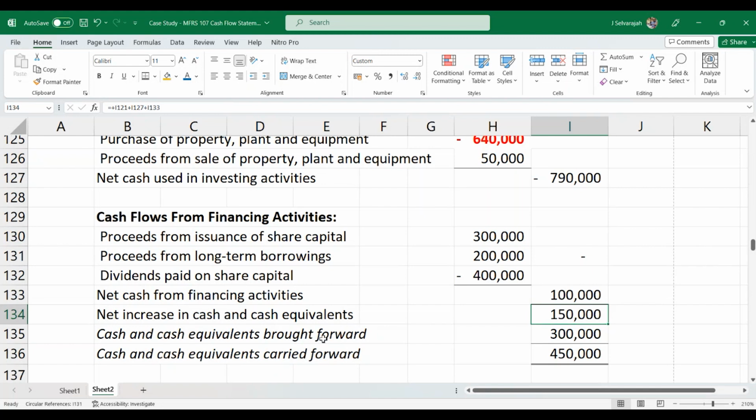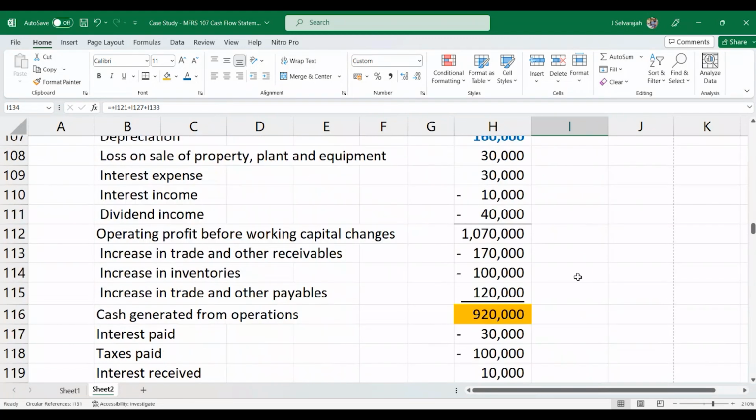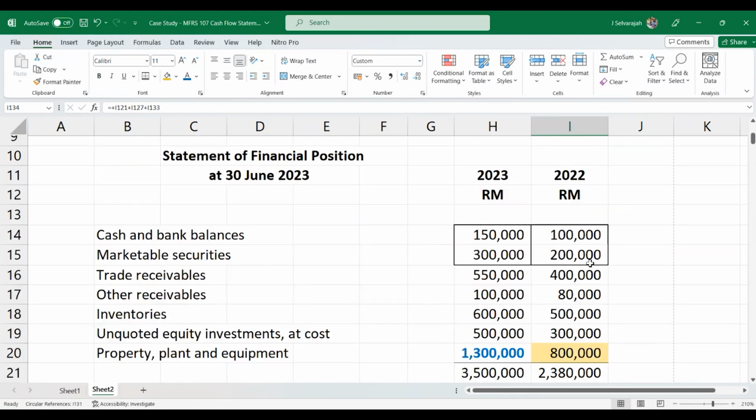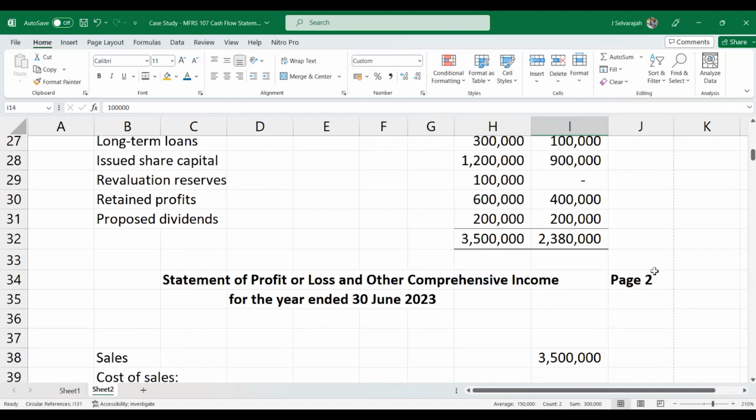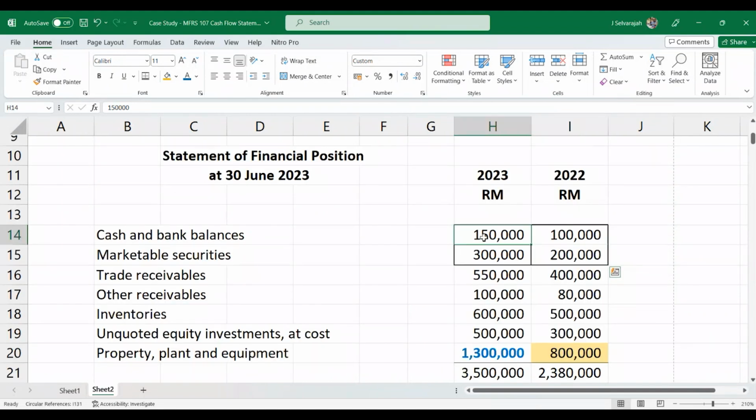What is the cash equivalent brought forward? So we go back to the top here and we look at the cash brought forward. Remember, we are taking in marketable securities according to what is stated. They regard this as cash and cash equivalent. So we are taking this in 300,000 and the end balance is 450.